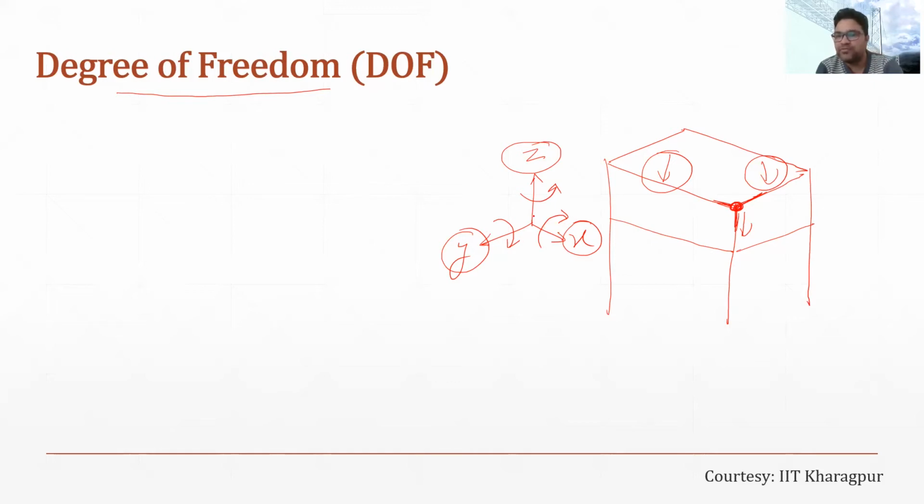Translation is because of the direct force, and rotation is because of the non-concurrent force; they will be applying the moment. So these 6 movements are actually known as degrees of freedom. Now I will be showing them using a diagram of how that can occur.